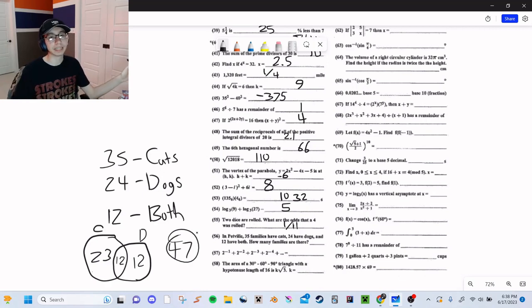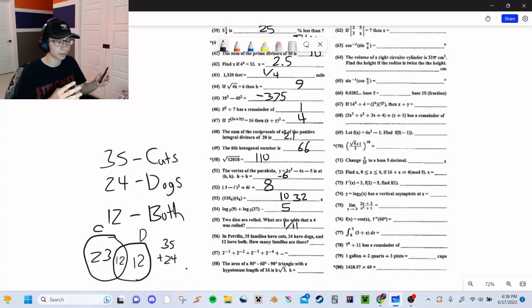That's the way with Venn diagrams, but there's a much quicker way. The quicker way is just to take the total amount of owners we have. We have 35 cat owners and 24 dog owners, right?